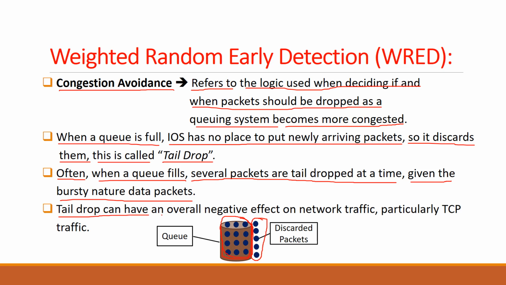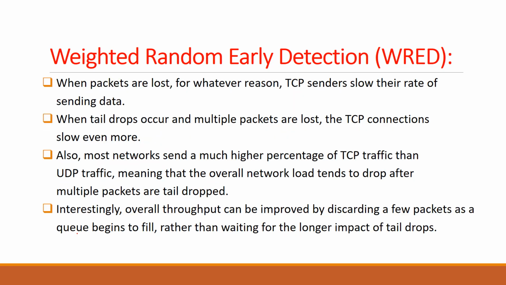So tail drop can have an overall negative effect on network traffic, particularly TCP traffic. Why? Because most of the network-based traffic is TCP traffic. So when packets are lost for whatever reason, TCP senders slow their rate of sending data, the window size.